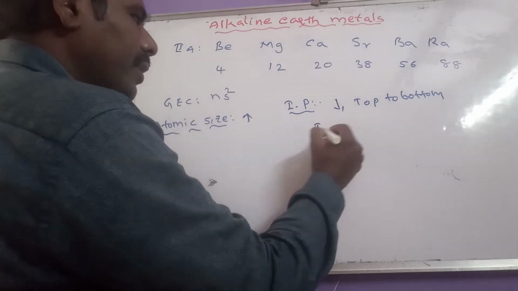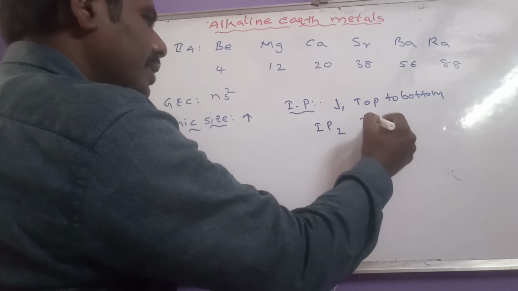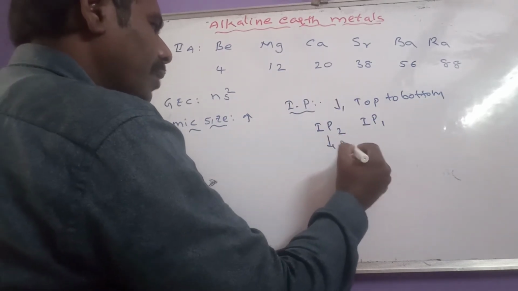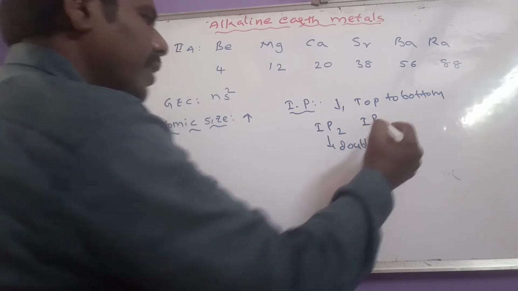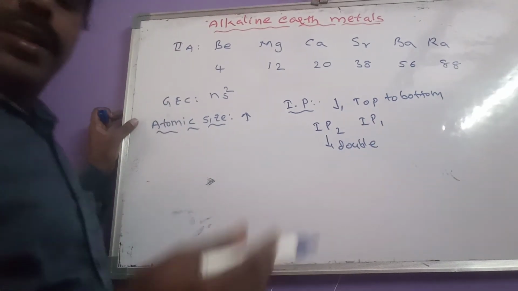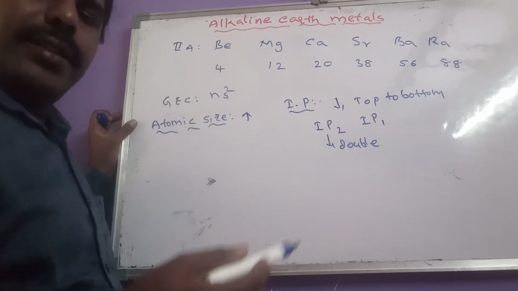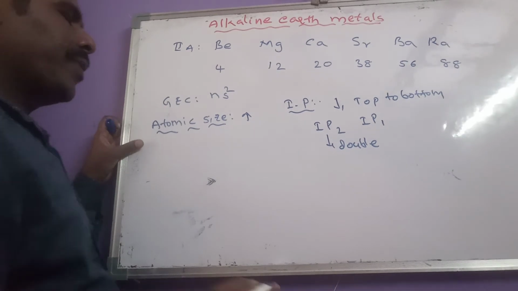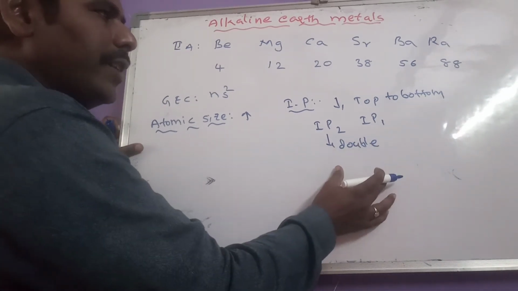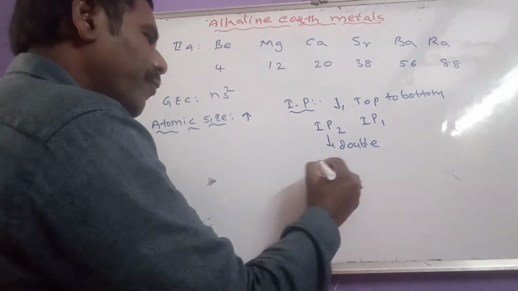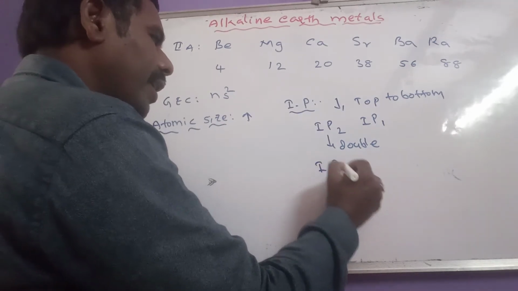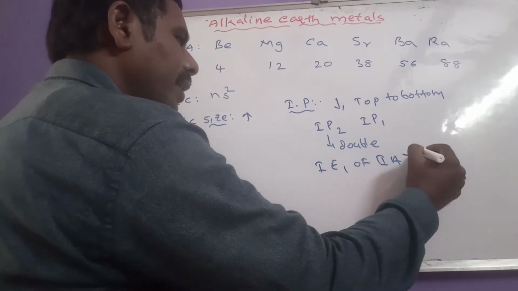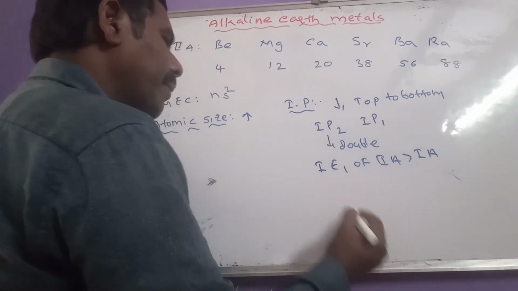If you compare the second IP and first IP of these elements, IP2 is almost double the first ionization potential. Second IP is the highest here. And comparatively with the first A group elements, IE1 of second A group elements is greater than that of first A group elements.